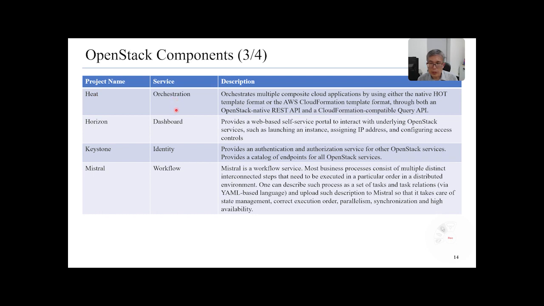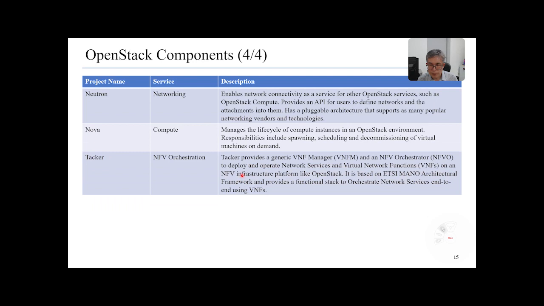Horizon is the user dashboard service, a web-based service. Keystone Identity provides the authentication and authorization service for security, and Mistral is for workflow. Neutron is for networking, enabling network connectivity as a service for other OpenStack services.